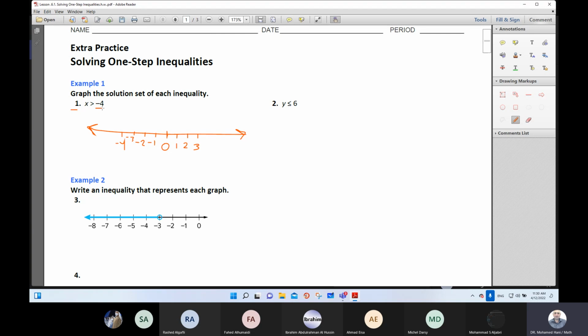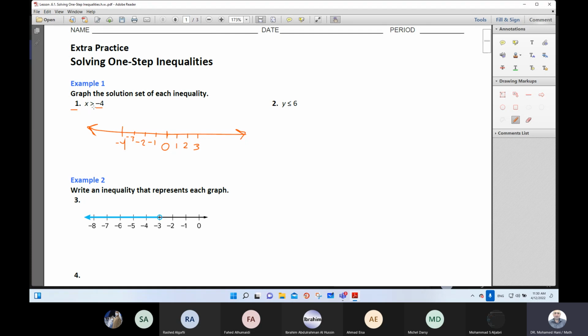So here we have negative 4. So the endpoint will be negative 4.